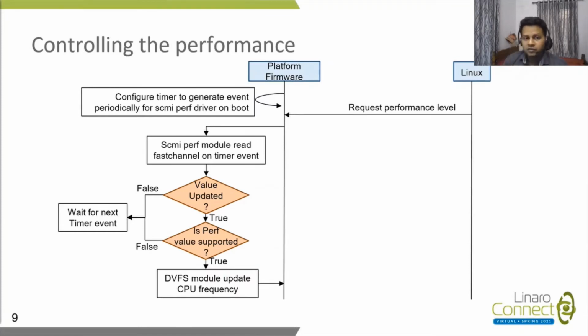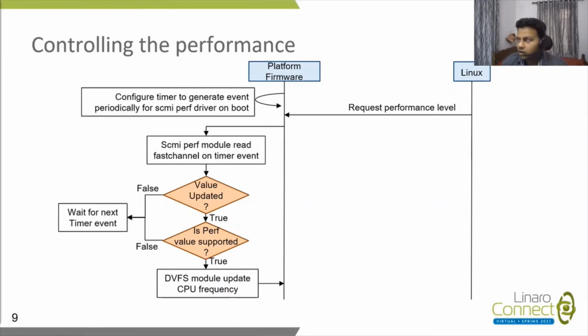On controlling the processor performance, the platform firmware will configure the timer to generate an event, or an alarm, periodically for the SCMI perf driver on boot. For example, every 4 milliseconds, the timer subsystem will generate an event for the SCMI perf driver. On boot complete or at runtime, the Linux based OS, or whatever OS is running, will request the performance level from the platform firmware through the SCMI fast channel.